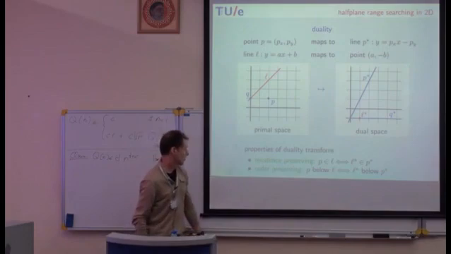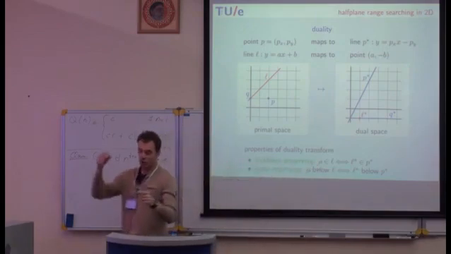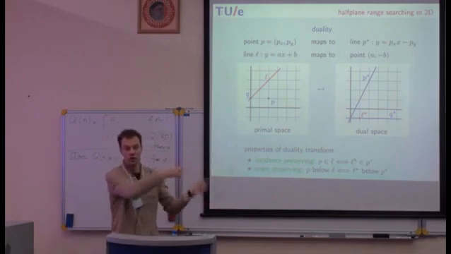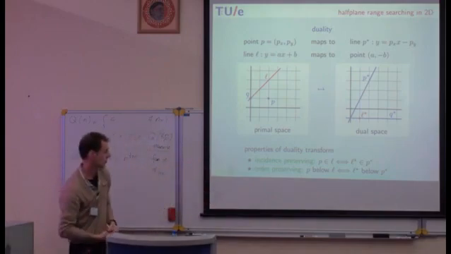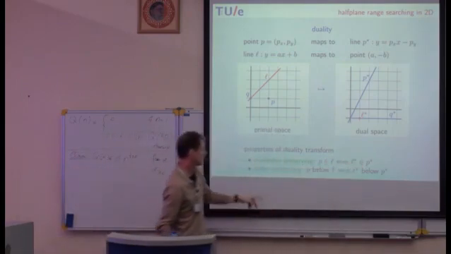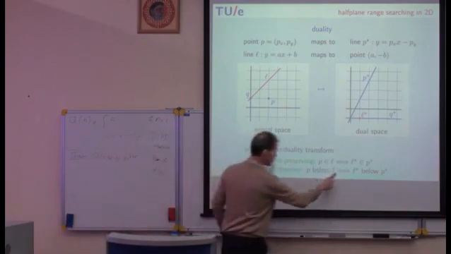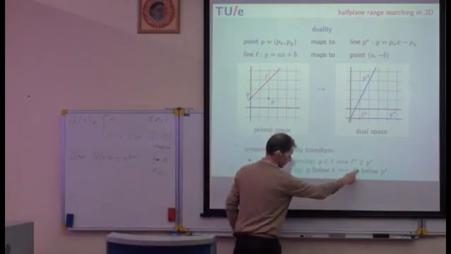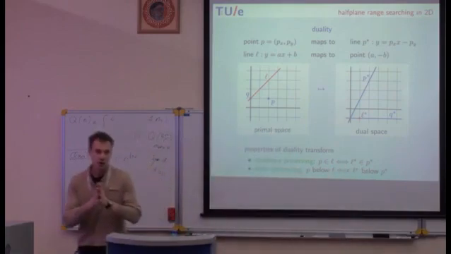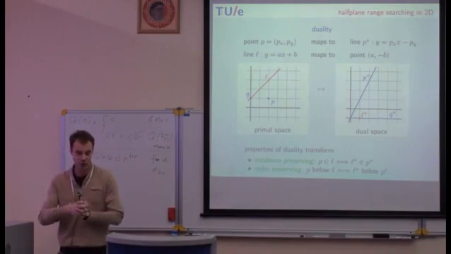So it's called incidence preserving. So if you have an incidence, a point being on a line, then in the dual space you have the line containing the point. Okay? So point on a line, here point on a line. And also it's order preserving. If this point is below this line, then the dual of this line, which is a point, is below the dual of that line. So now we're going to look at half-plane range searching in dual space.